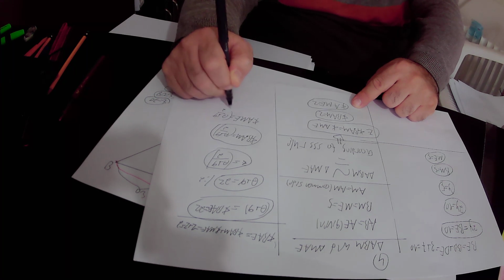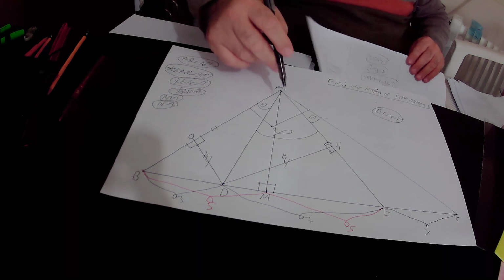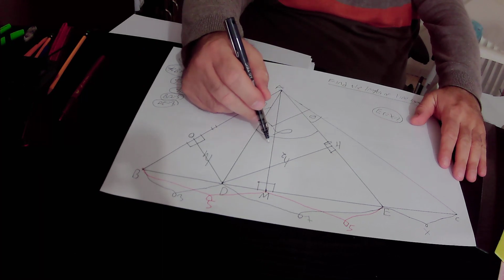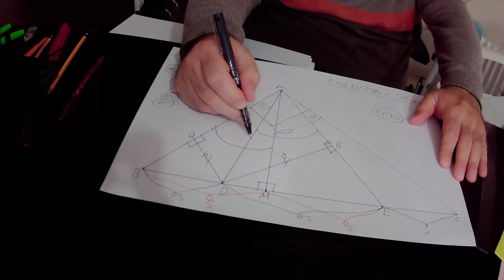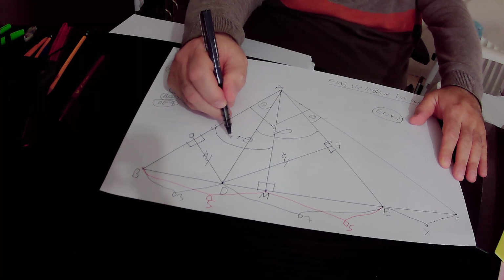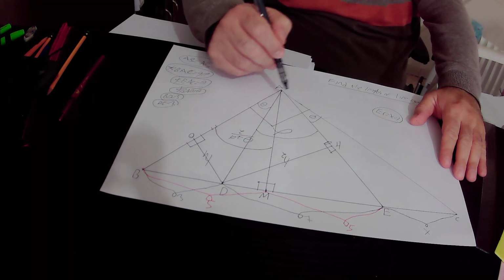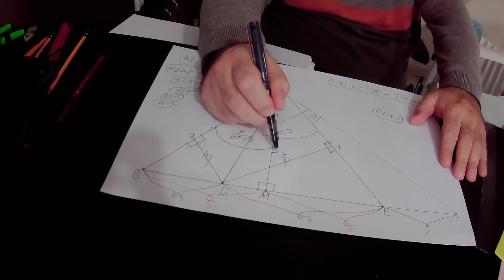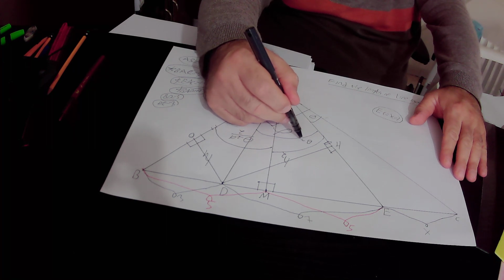So we can write here on the drawing that angle BAM, this angle, is equal to (theta plus alpha) over 2, and angle MAE, that is actually this angle, will also be equal to (theta plus alpha) over 2.